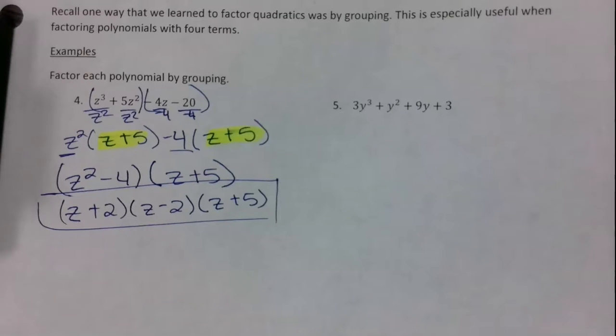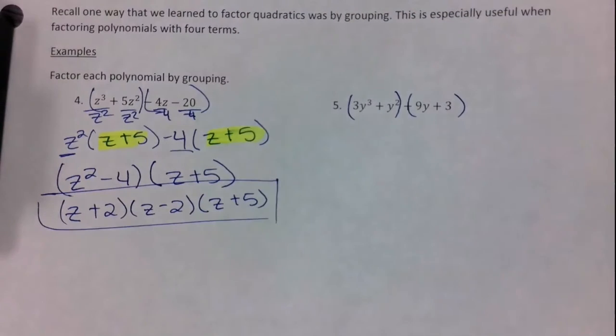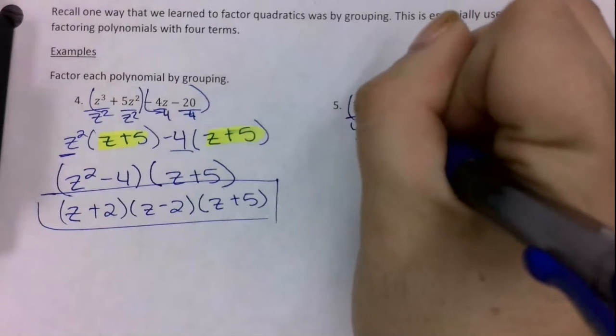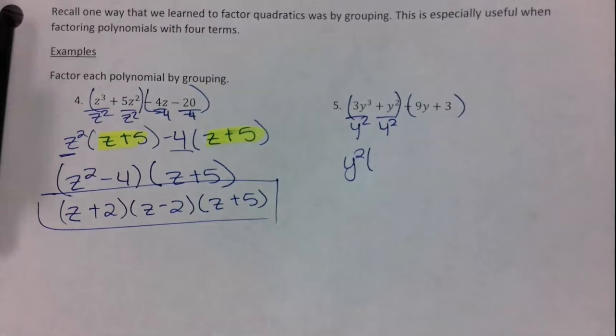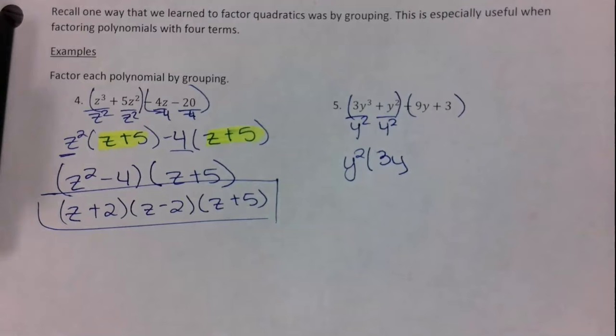Okay. Number 5, I start off by putting them in the 2 groups. What can I take out of my first group? What's 3y cubed divided by y squared? Y squared divided by y squared?